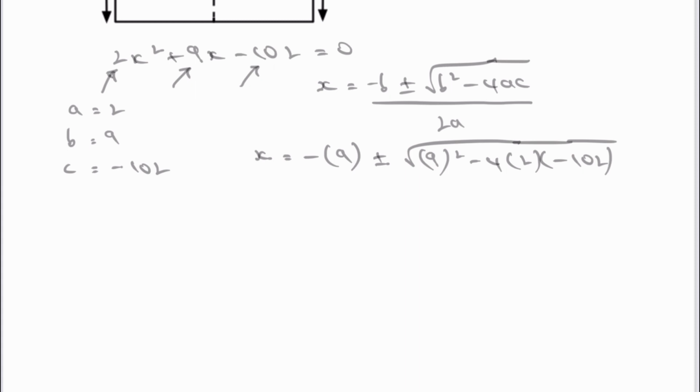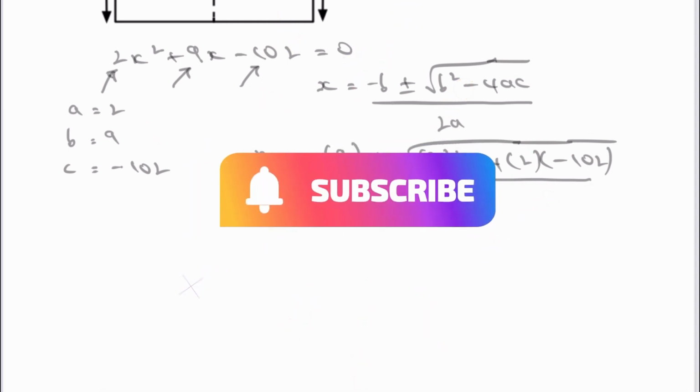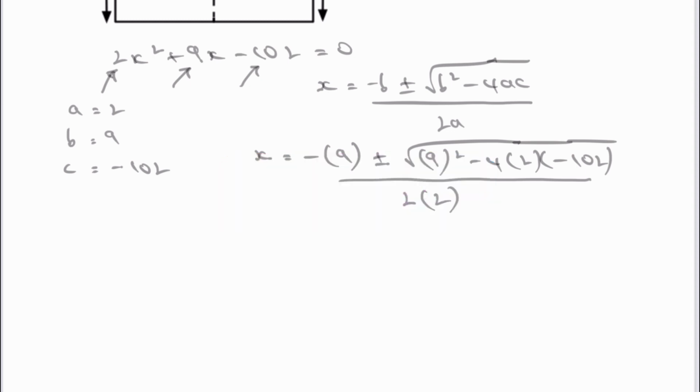Now you'll find that that's a little bit easier for your calculator to cope with, because effectively you've got to remember BIDMAS, because we've got this which is all multiplied together. Okay, so just be a little bit careful where you've got a negative in place, and then I've got 2 times 2 at the bottom there. Okay, so let's tidy that up a little bit.